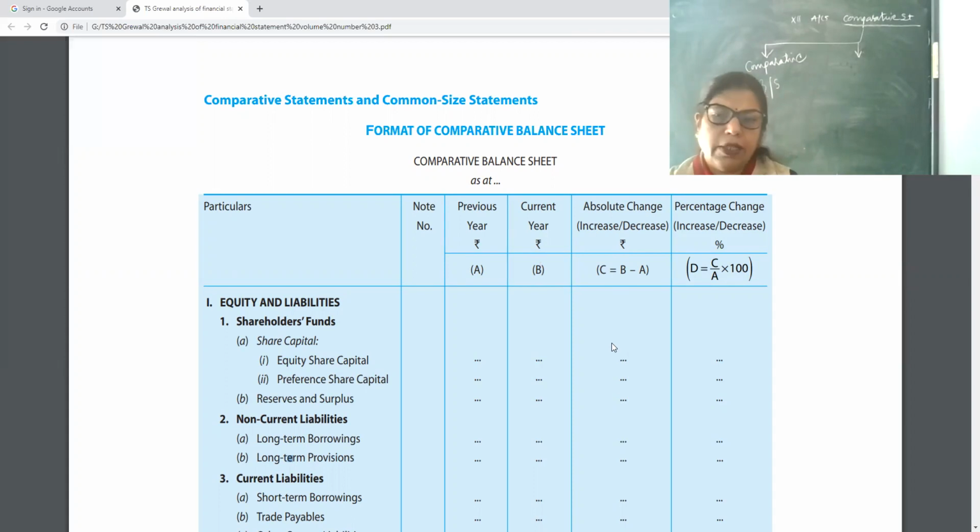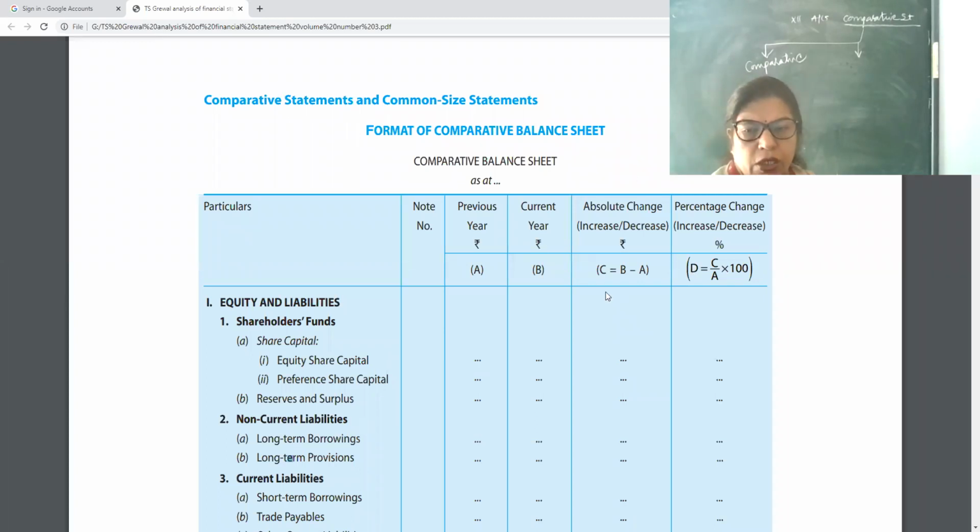So how to calculate change? A simple way is given here. This is column A, this is column B. So absolute change is equal to B minus A, meaning the change, increase or decrease. Now percentage change. How to calculate percentage change? Here the formula is given: C upon A into 100. See, my dear children, look at the screen, then you will be able to understand it.